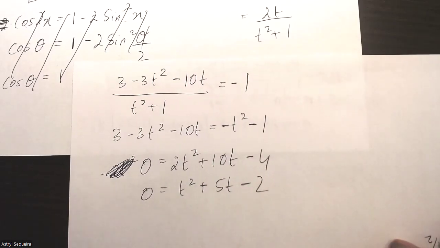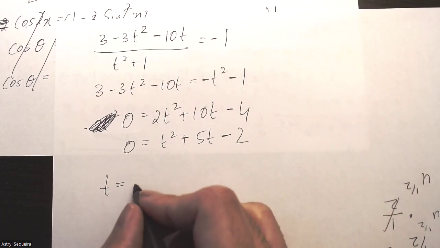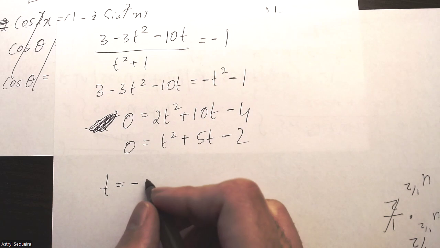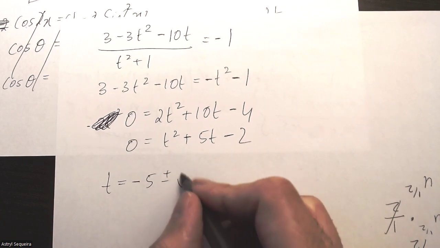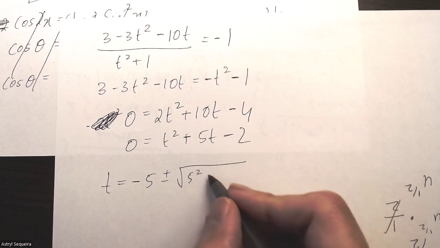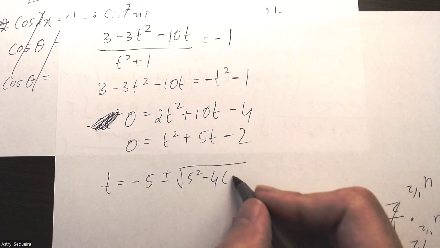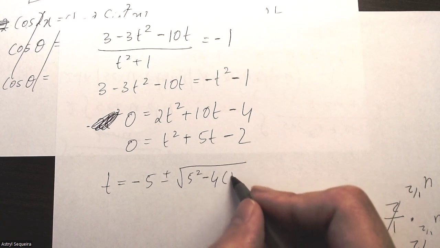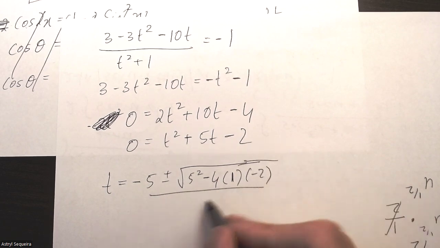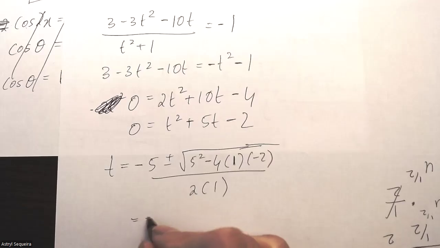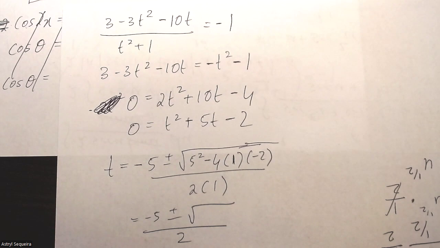This cannot be factored, so we just have to use the quadratic formula over here to give us our final solution. Let me do this in my calculator really quick.